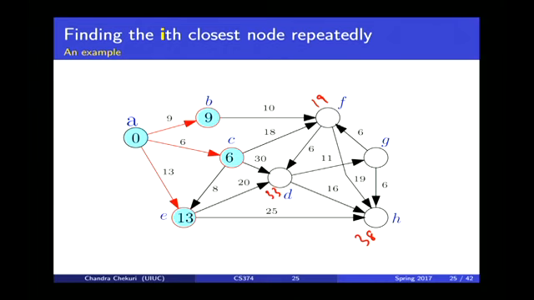We simply say, oh, F became part of the set X, so let's scan all the edges out of F and update all the vertices that this is adjacent to. That makes sense?